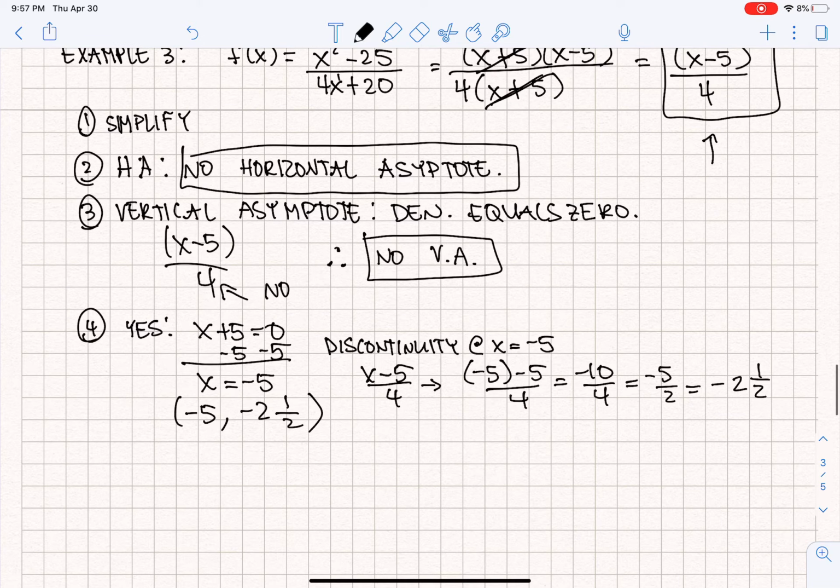All right, now we're gonna find our intercepts, our y and our x-intercepts. So let's start with our x-intercept. And we do that by setting our numerator equal to 0. Our numerator here is x minus 5. So we set that equal to 0.